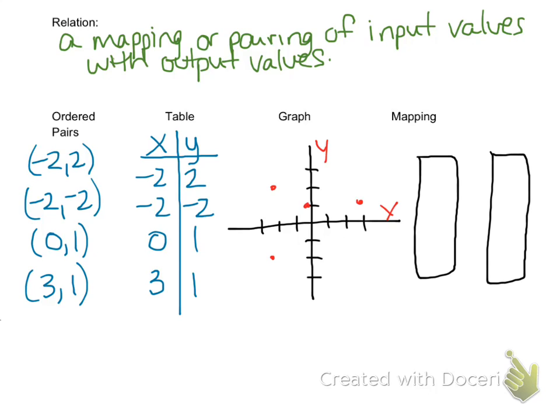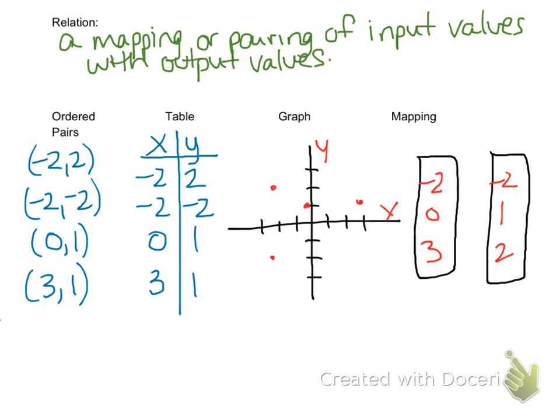We can also use a mapping, and the way we deal with a mapping is we're going to list the x-coordinates, so we have -2, 0, and 3. Even though -2 is listed twice, we only have to list it in the mapping once. Then the members of the range, again in numeric order, so -2, 1, and 2.